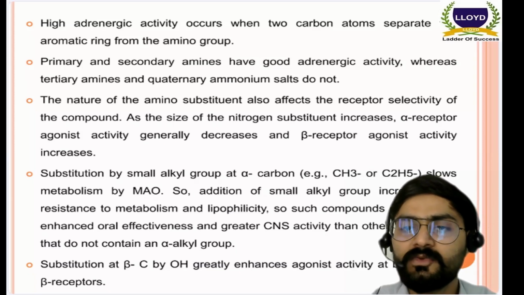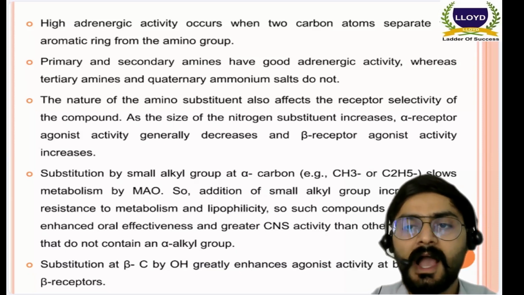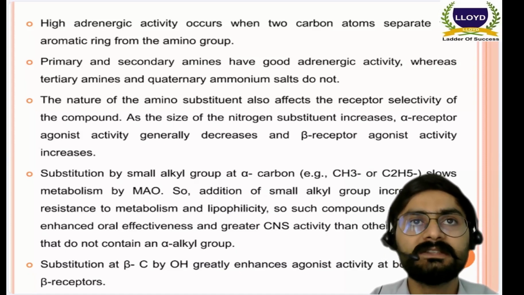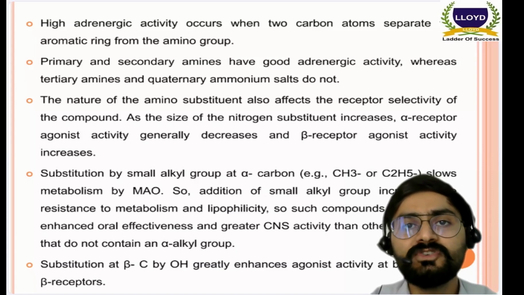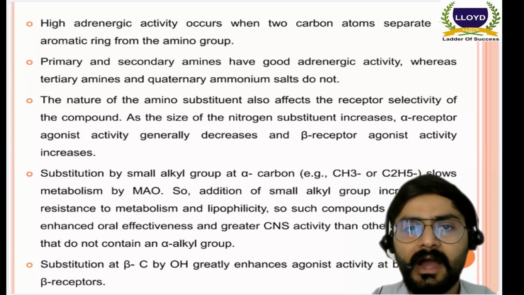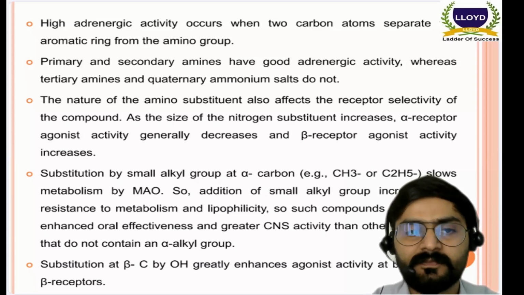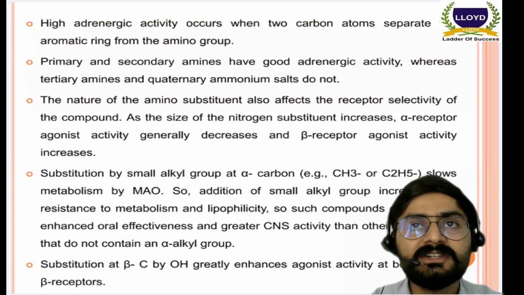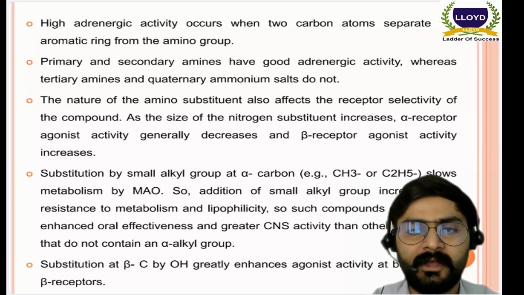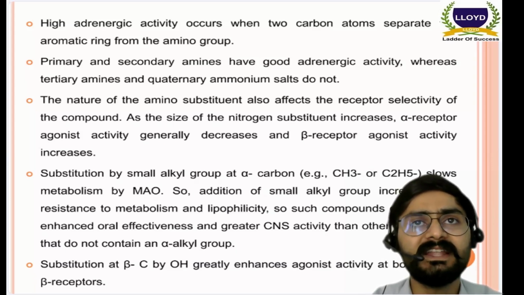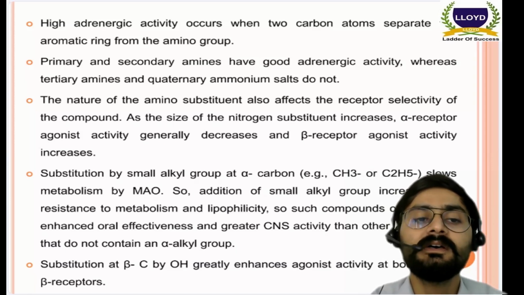As the size of nitrogen substitution increases, alpha receptor agonist activity generally decreases, whereas beta receptor agonistic activity increases, as we see in salbutamol. Salbutamol contains a tertiary butyl group on the amino nitrogen, so its beta selectivity increases. So if we put a larger substitution on the amino nitrogen, the beta selectivity increases.